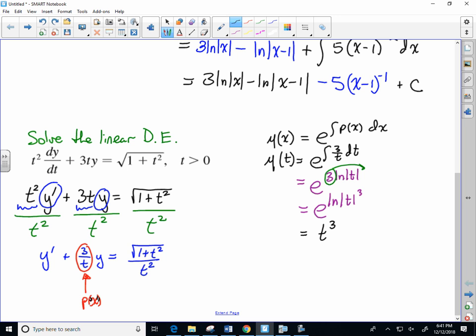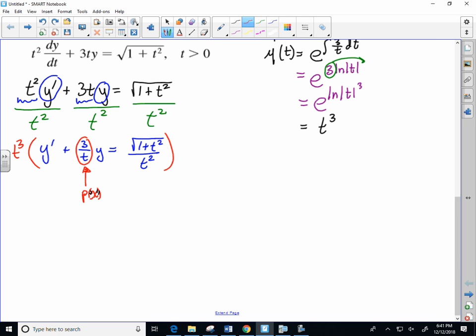But what that's telling me to do is multiply everything by t cubed. All right. So I'm going to take that and multiply each term by t cubed. So t cubed y prime plus 3t squared y would be equal to t root 1 plus t squared.